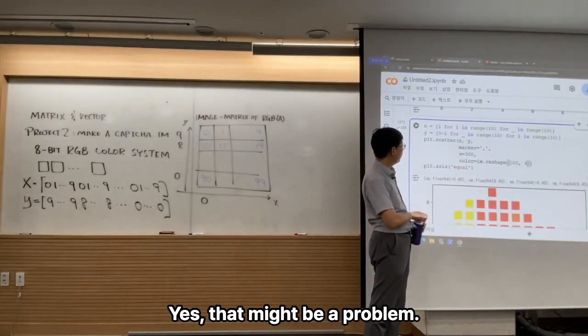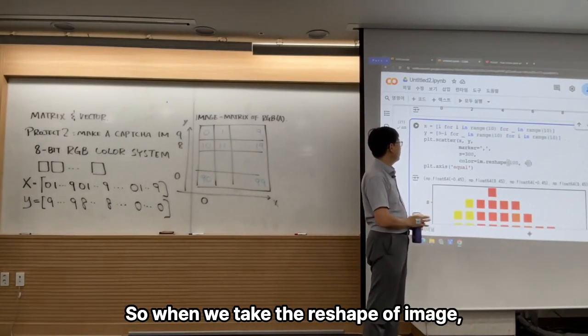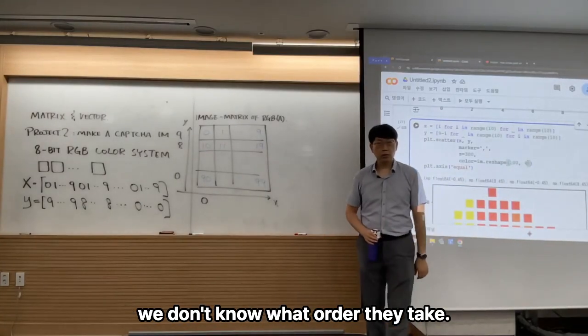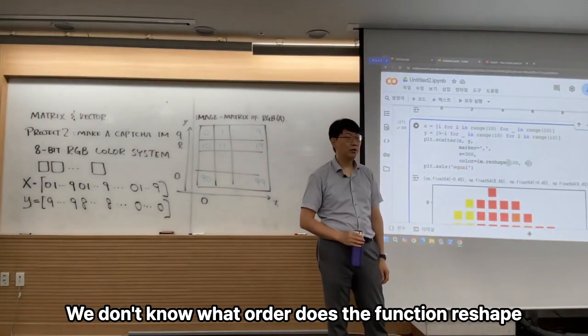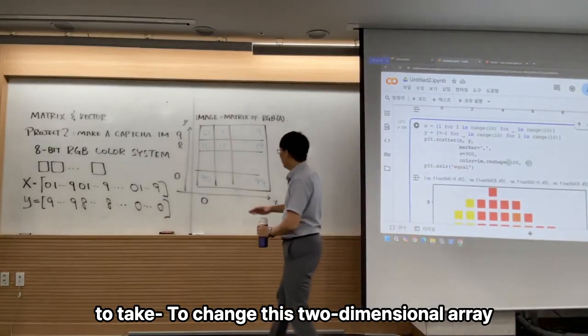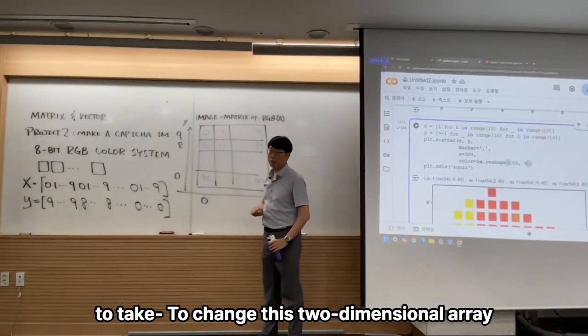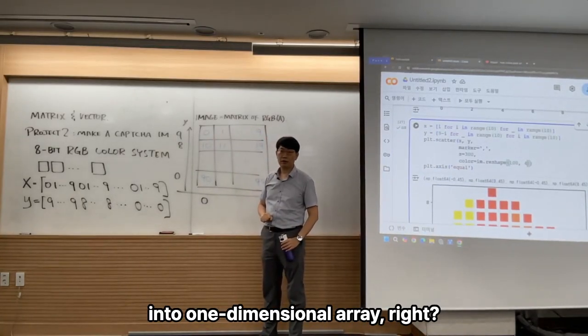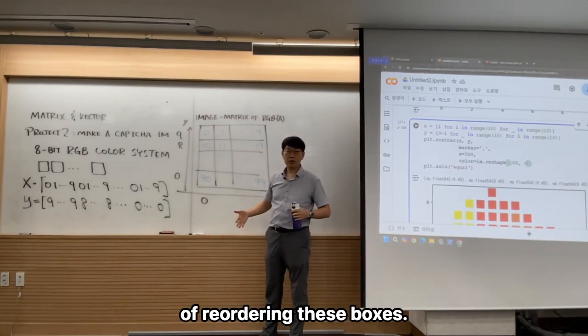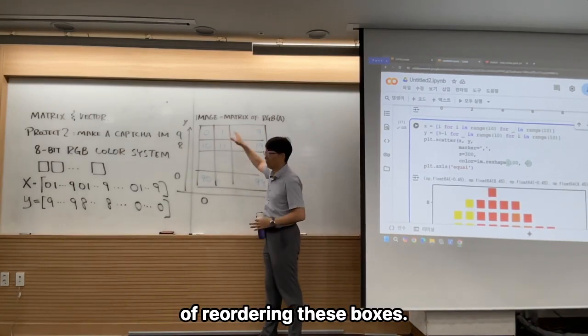X and Y? Yes, that might be the problem. When we take the reshape of the image, we don't know what order it takes. We don't know what order the function reshape uses to change this two-dimensional array into a one-dimensional array, right? It has its own way of reordering these boxes.